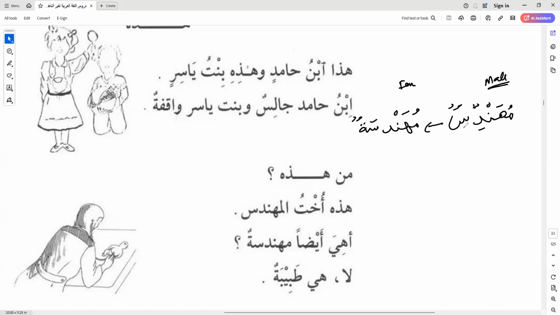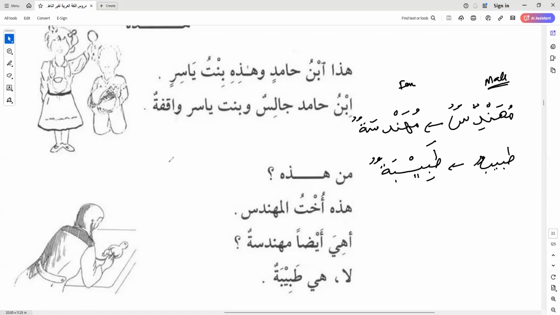So male, and then we can have tabibun. And what's the female? I have to add just the taw marbuta. And then I have to say tabibatun. Now observe something very unique here.